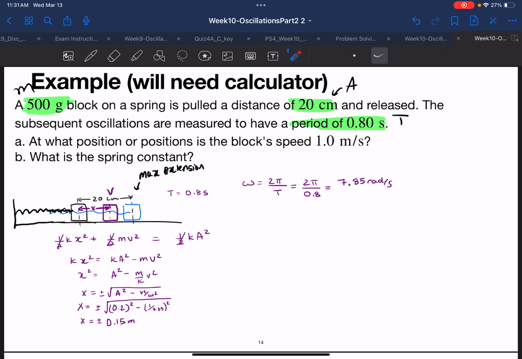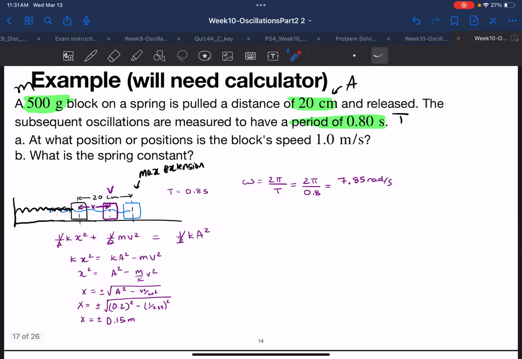And we want to find that position such that the speed is 1 meter per second. So we know the amplitude. Basically from here it's algebra. We know what the amplitude of this block is. It's 20 centimeters. We know what the velocity needs to be, and we know what the mass is.